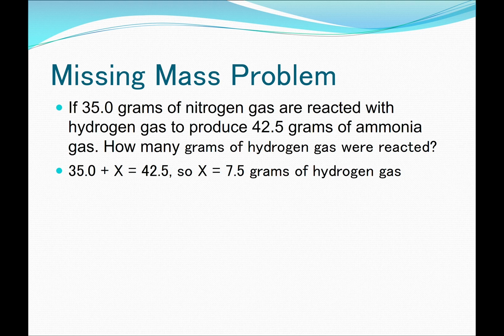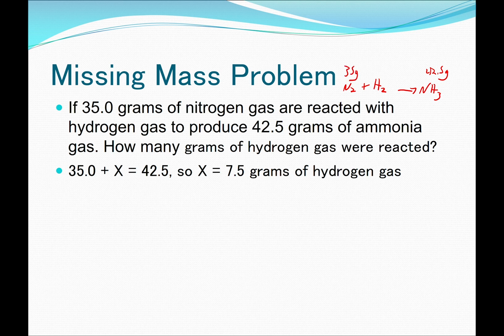So let's think about this. We're trying to produce ammonia. We have 42.5 grams of this. It's produced from nitrogen gas and hydrogen gas. We know we have 35 grams of this.